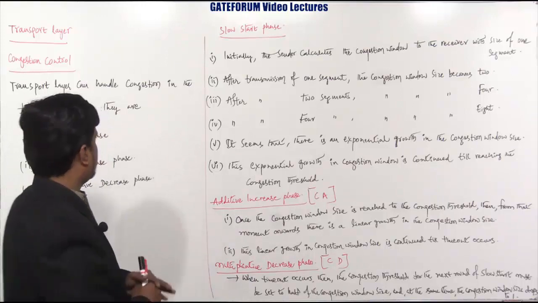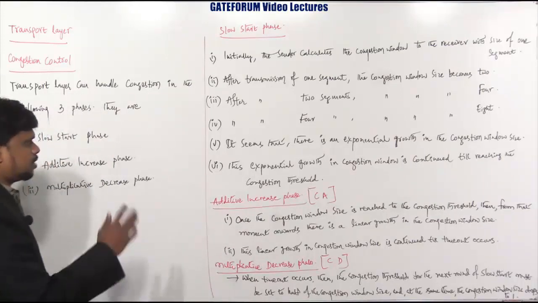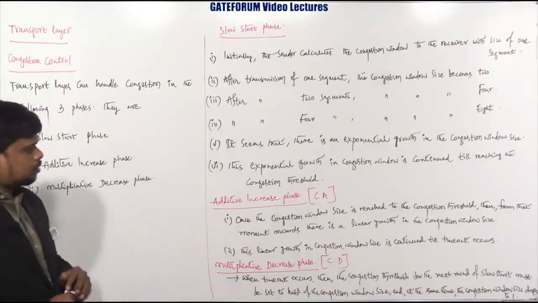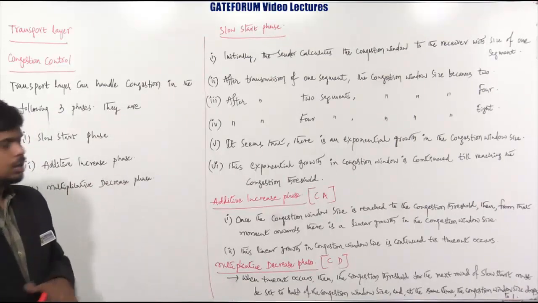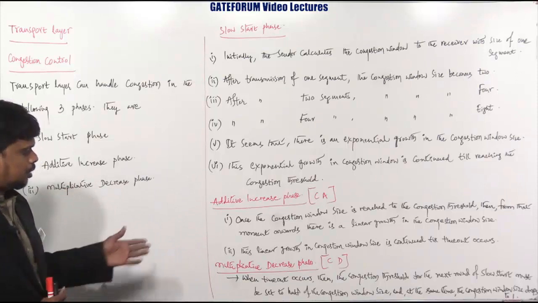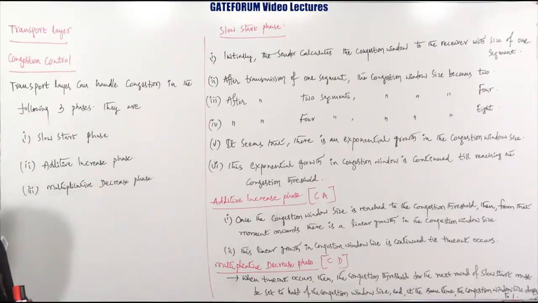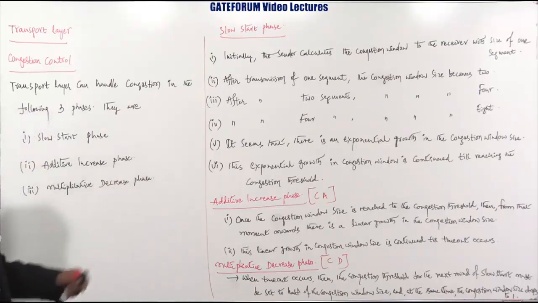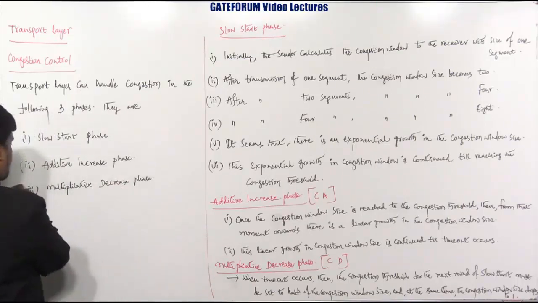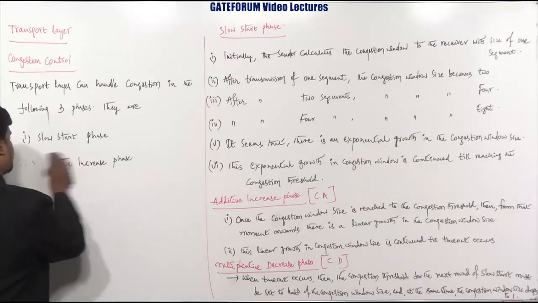This is the way TCP handles congestion in 3 phases: first the slow start phase, then the additive increase phase, and then the multiplicative decrease phase. Let's represent this theory part in a simple diagram.